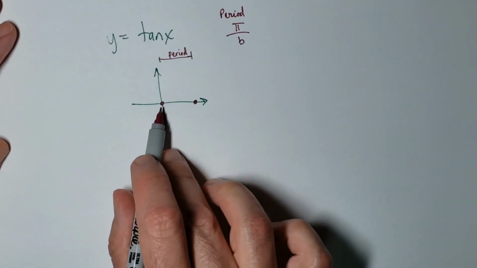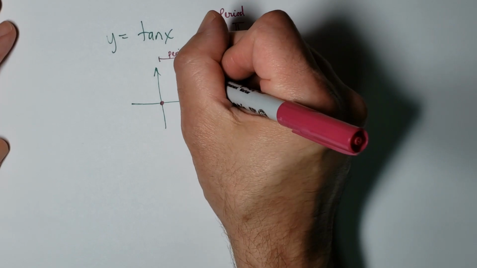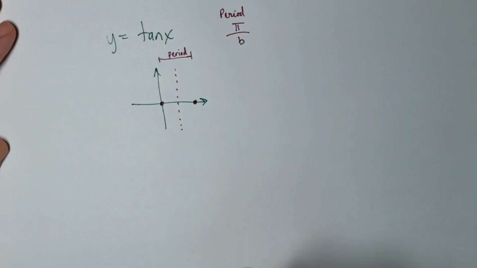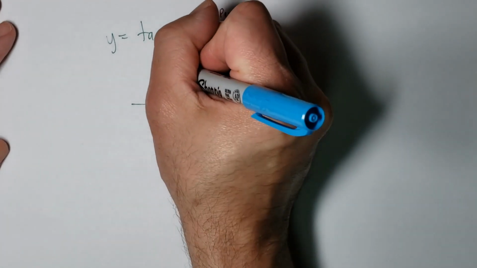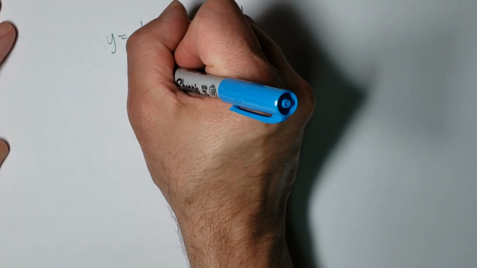Once you have the second point drawn, there's a vertical asymptote in the middle of that. And whatever this distance is here is the same as going back that way.